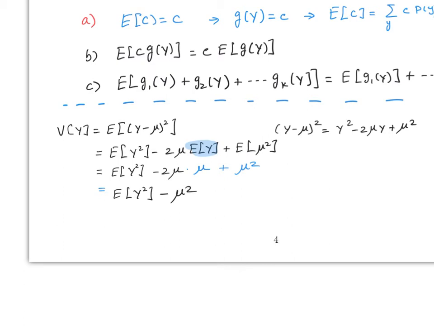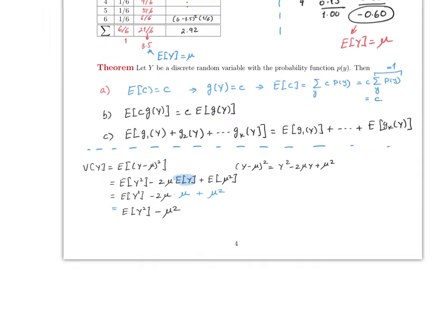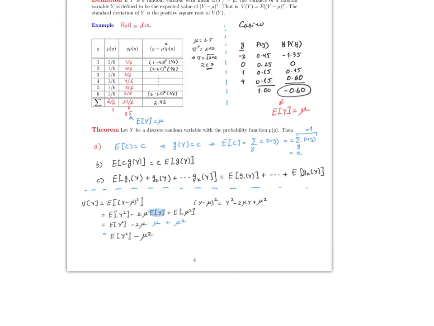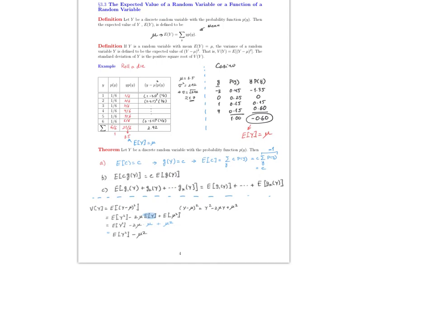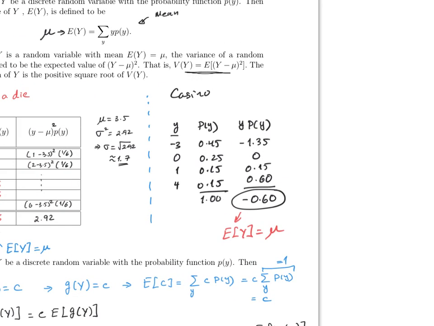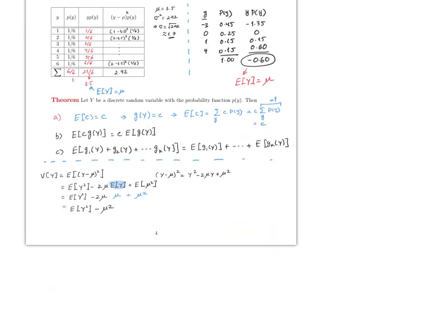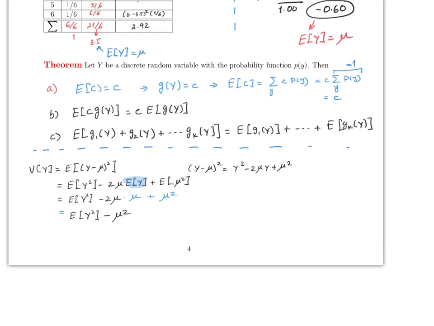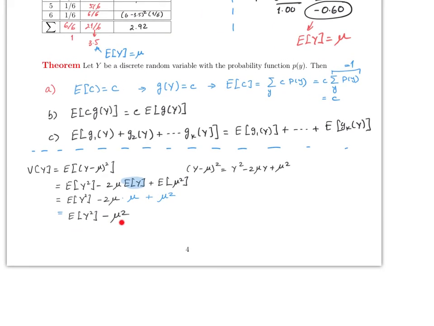So this is another formula for the variance, and it is computationally probably easier to use than the other one. This will be one of the most common formulas for the variance. We will probably use this more than the other version, even though they are the same. In the next page we will use this formula to find the variance.